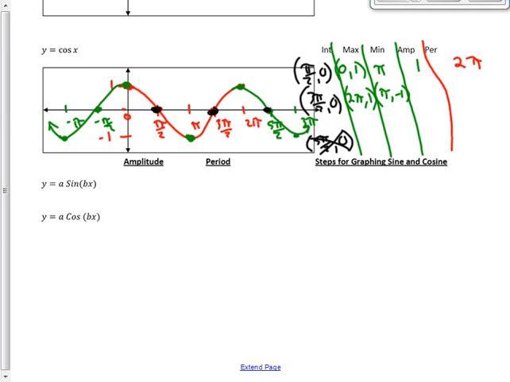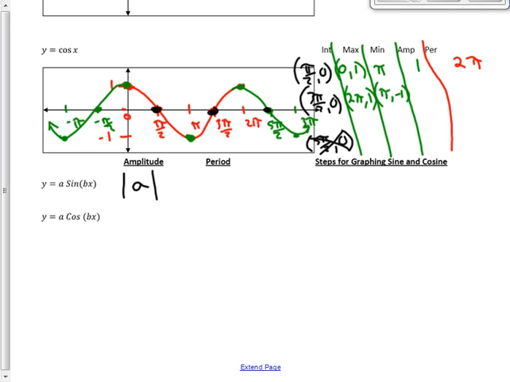So when I look at this, I can take that parent function and I can change it. I can do some other things to it, like put a number out in front. I can put a number inside with the x that I'm doing some multiplying with. And so if I put a number out in front, that's going to affect my amplitude. So if I put a 2 there, then my amplitude is going to be 2.